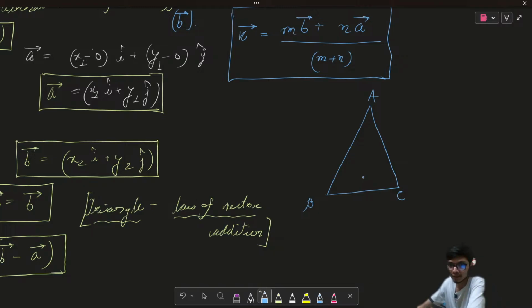Now if I drop any line which cuts this particular side in the ratio m is to n, then there is a result which relates AB upon AC with BD and DC, right? So there is one particular property with which you can relate to that result.